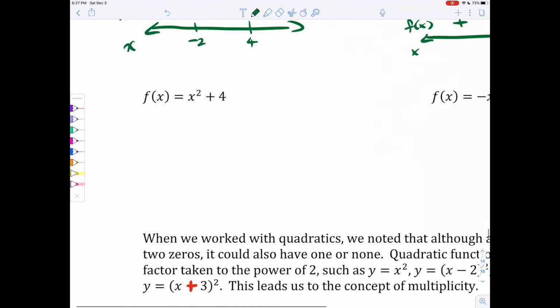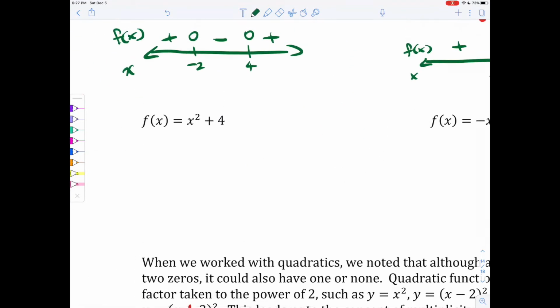Over to this one, x squared plus 4, it's not factorable, first of all. If you use the discriminant, then you can find that it has 0 x-intercepts. Or you can picture what this looks like as a graph, where here's x squared, so there's x squared plus 4, that upward shift.